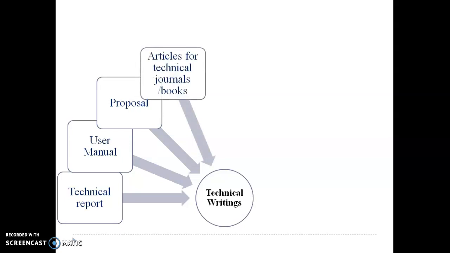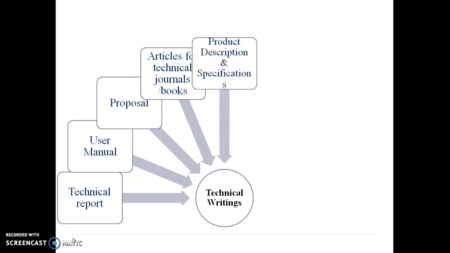Articles for technical journals and books are basically written to share a research undertaken in the field of science and technology. The next document can be a product description and specification generally written to share information about the products and services to a possible buyer.